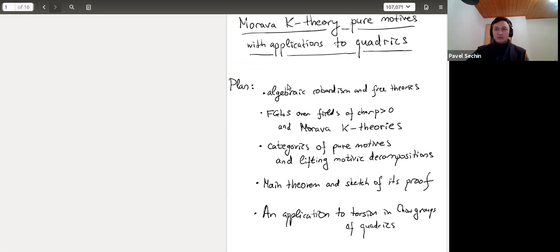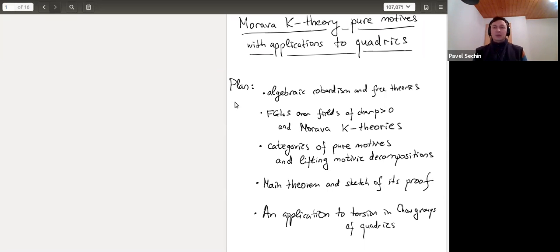And here's a short plan for the talk. I'll remind quite briefly algebraic cobordism and free cohomology theories. And of course, I'll remind you about algebraic Morava K-theories and categories of pure motives defined for all oriented cohomology theories, and what can we do in these categories of pure motives, what we're interested in, and how are these categories of pure motives different for different cohomology theories.